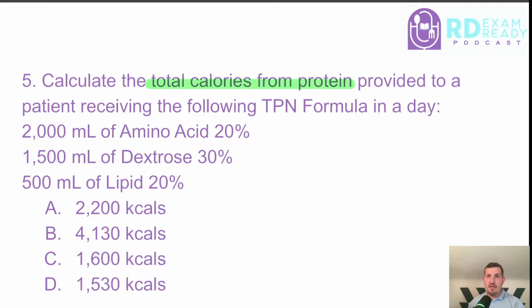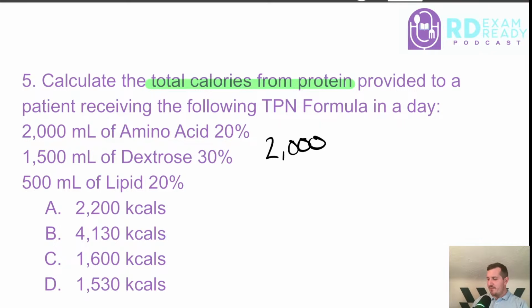My question to you, and you might have already figured this out: do I actually need to use my dextrose and lipid? Well, no, because it said calculate the total calories from protein. So technically, you don't even need your dextrose and lipids for this question. If you read carefully or listen carefully, you would save yourself some time, knowing you just have to do your protein in this case. So let's do the protein together. My favorite process, it's not unique to me.